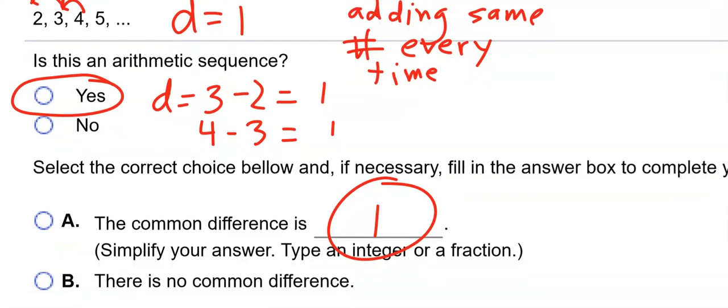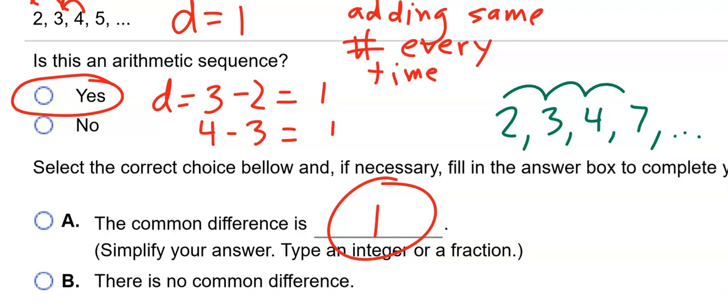Okay. What if it was 2, 3, 4, 7? Is there a common difference there? It looks like it at first, but then when we get between 4 and 7, we have a problem. So that would be a no right there, okay?